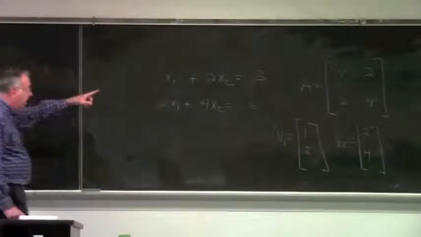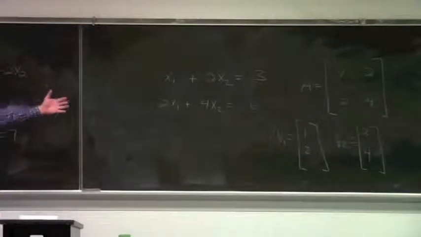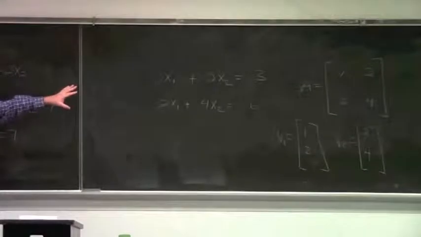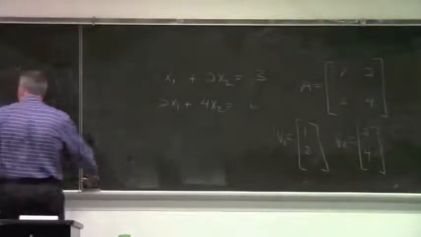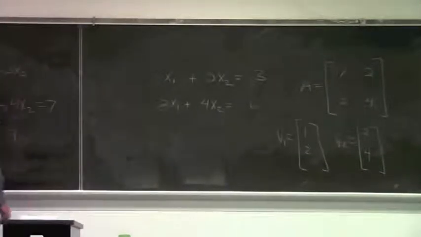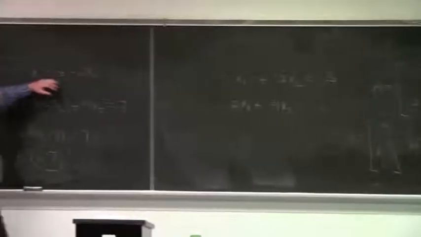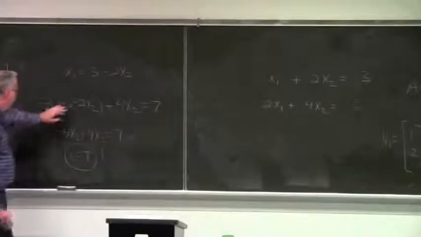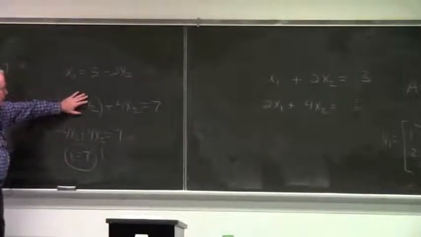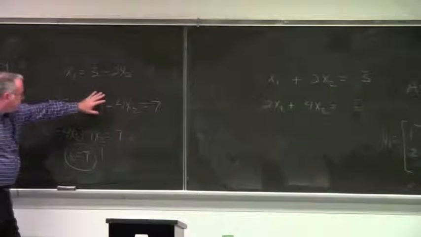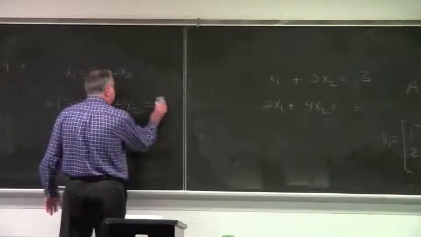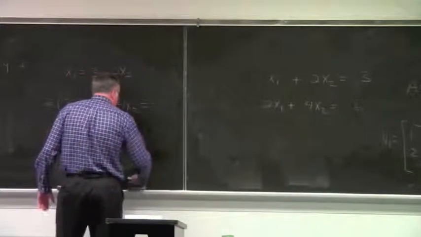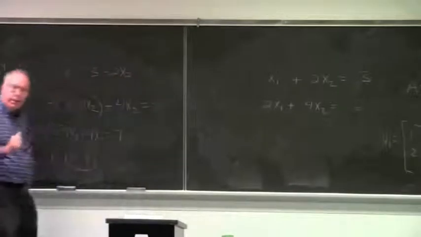Now, maybe you didn't spot this when you first looked at the equations, so you try to solve it by elimination of variables. Here's what you'd get. x1 equals 3 minus 2x2. That's the same. The second equation, when we substitute in for x1, however, this left-hand side is the same, but right here we get a 6. Are you all with me?